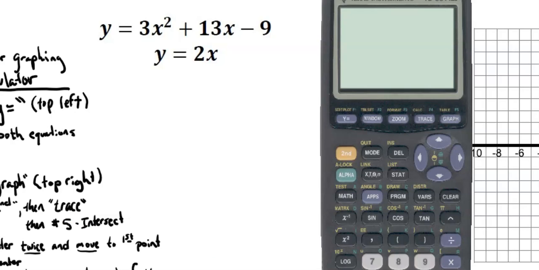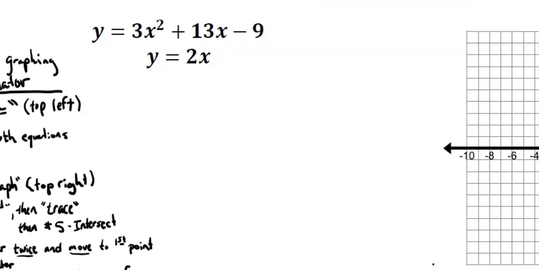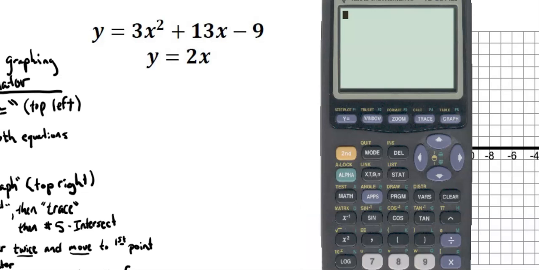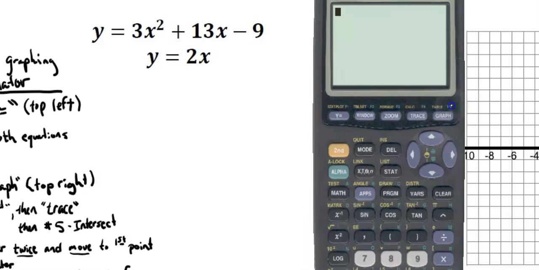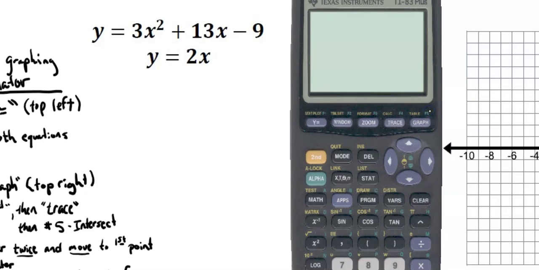So looking at example 1, we've got y equals 3x squared plus 13x minus 9 and y equals 2x. Let me show what that looks like on the graphing calculator. So the first thing we do is hit Y equals in the top left.